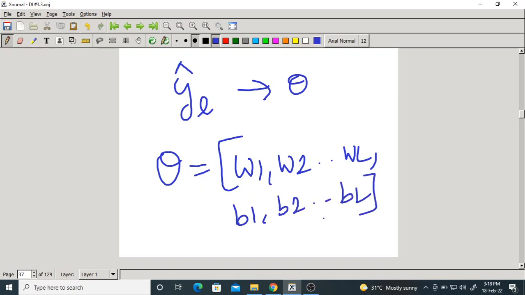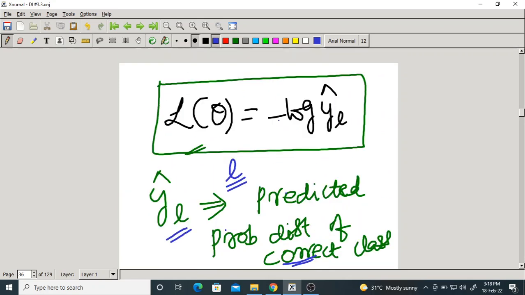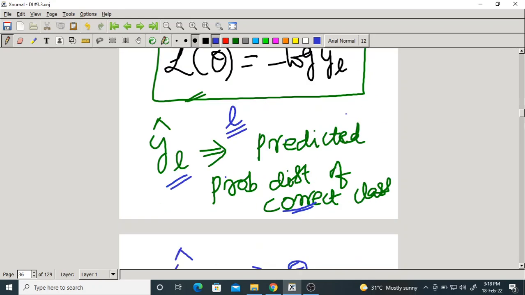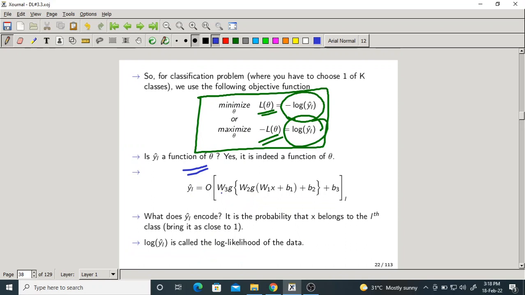The only change we have made is that, instead of going with the sum of the squares, we are going with the cross entropy, because it is fine for the classification problem. This is for L equal to 3. I explained this function in the last class.